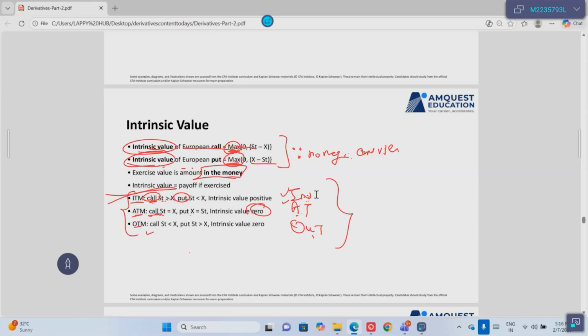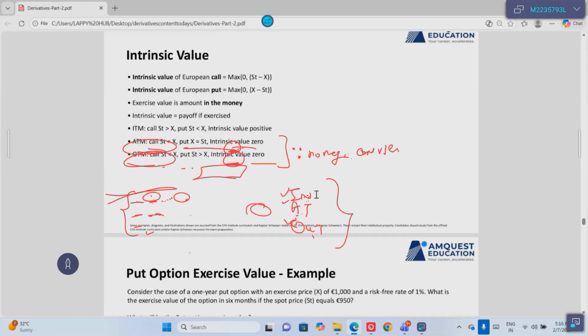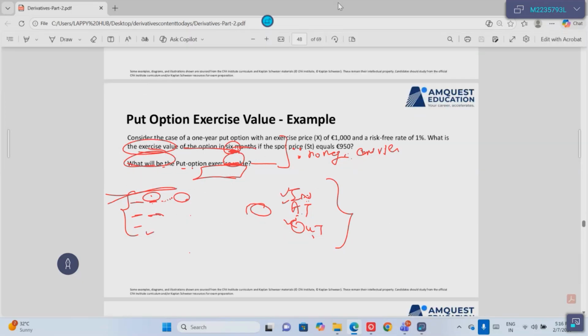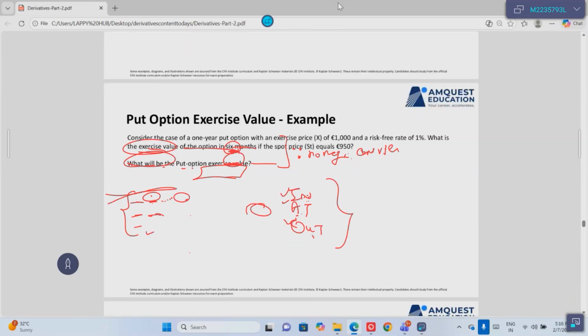So in, at, and out would be variable. Clear? That's how the intrinsic value of an option can be computed. Intrinsic value is the basic value, based on the basic formula. Clear? Okay.